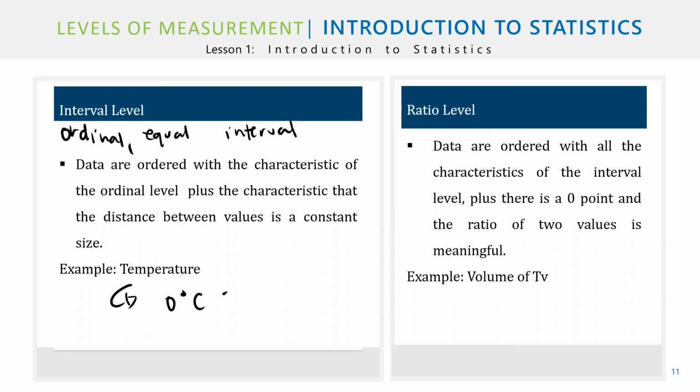This means any value has an equal interval. For example, does 0 degrees Celsius have an equivalent value? Yes or no? Think about it: when the temperature is 0 degrees Celsius, do you feel something?